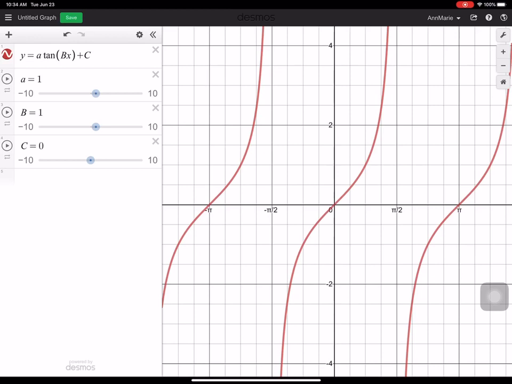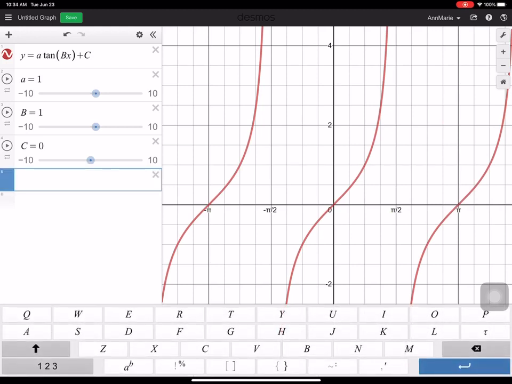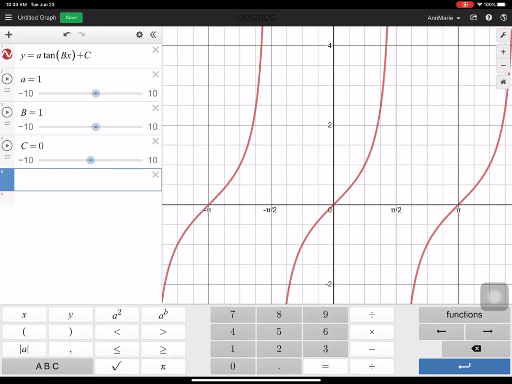But I want to put a point on here, and I'm going to do this before. Okay, I'm going to put on the point. Let's do pi over 4.